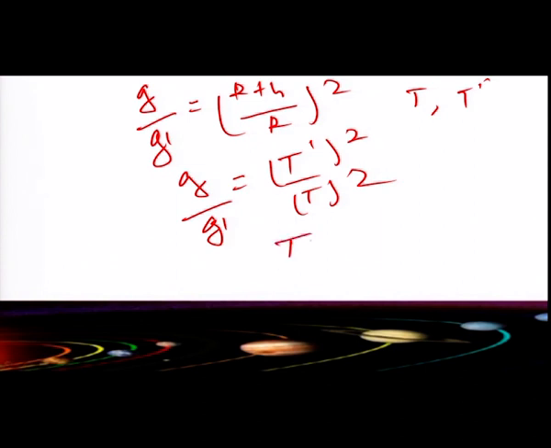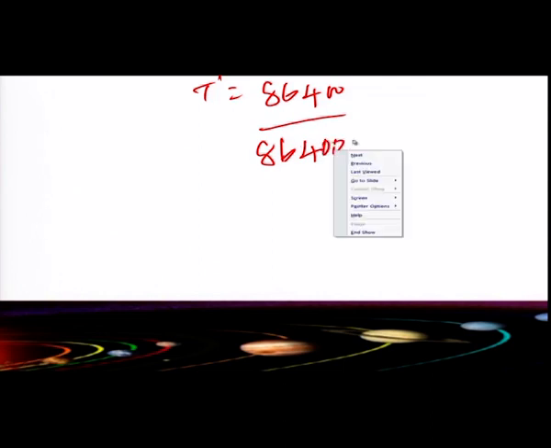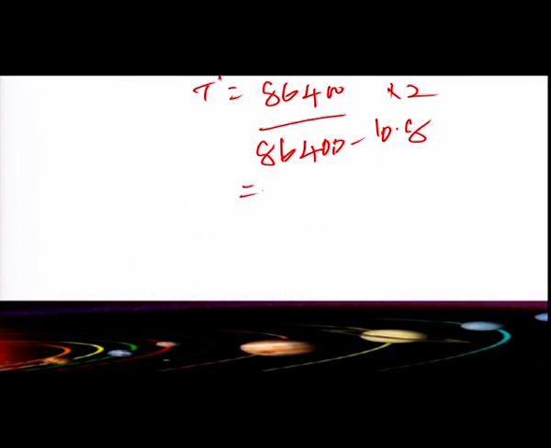Therefore, we have t is equal to 2 seconds and t dash is equal to 86,400 divided by 86,400 minus 10.8, into 2.